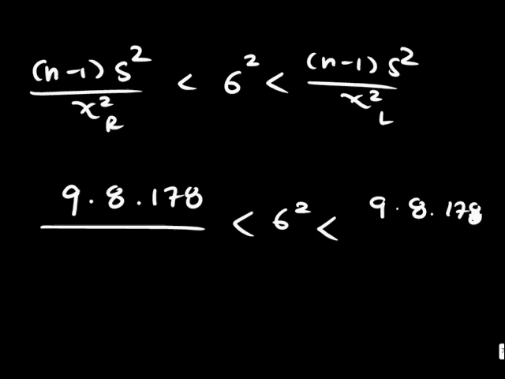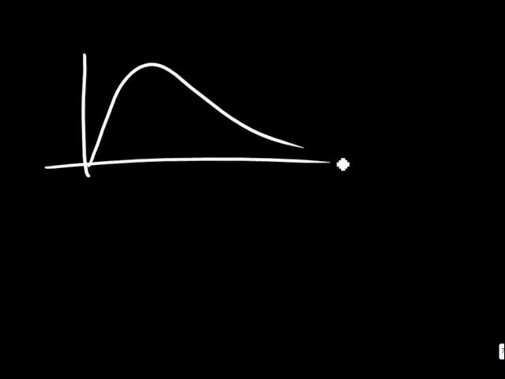So what we're going to do is focus on the chi-square values. You have a right skewed distribution. This problem, 95% confidence, implies that alpha is 5%, or your level of significance is 5%.